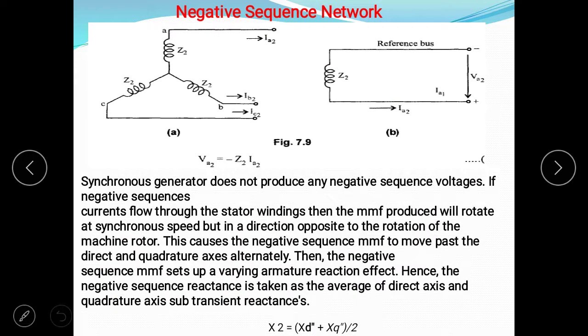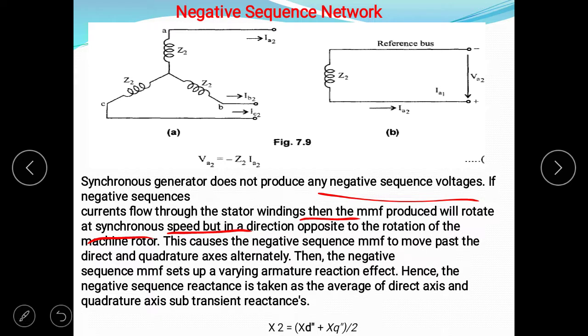Next is negative sequence impedance. A synchronous generator does not produce any negative sequence voltage. If negative sequence current flows through the stator winding, then the MMF produced will rotate at synchronous speed but in the direction opposite to the rotation of the machine rotor.